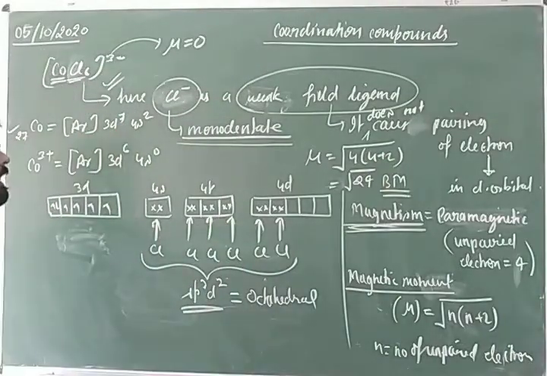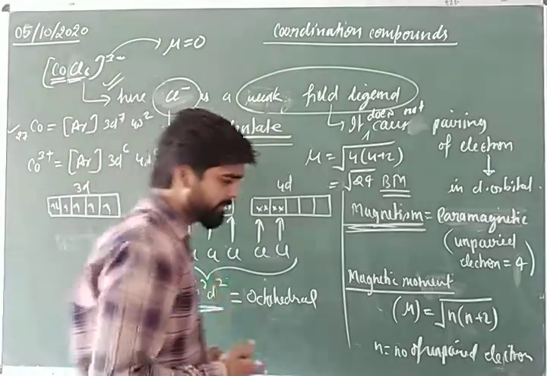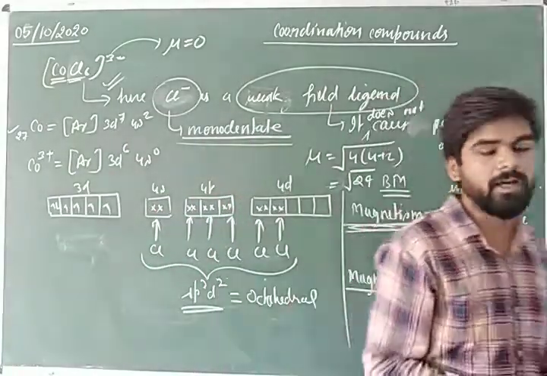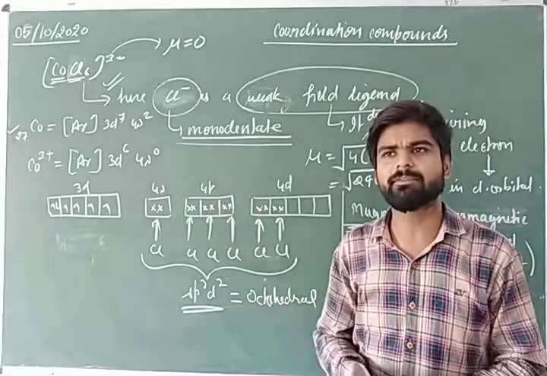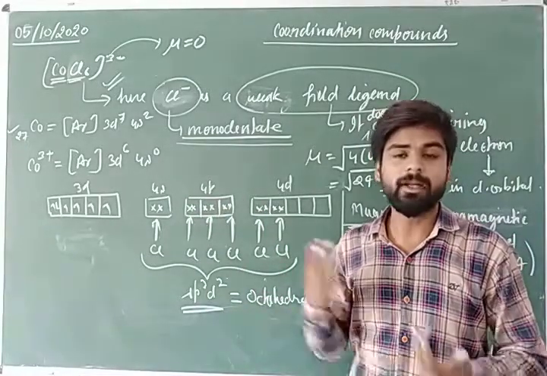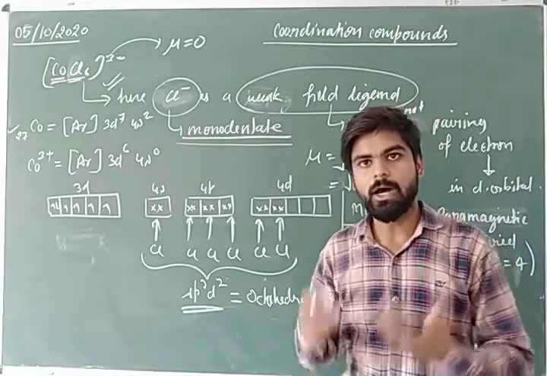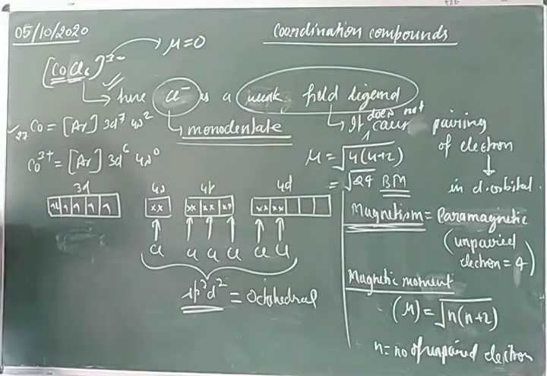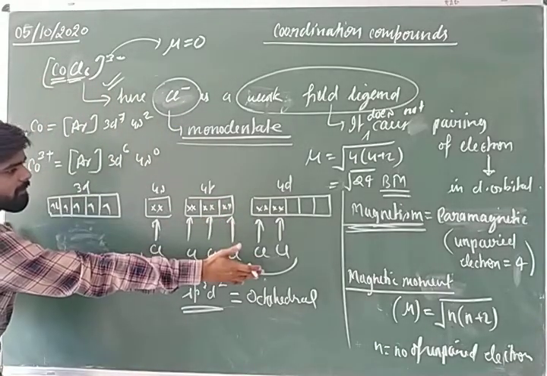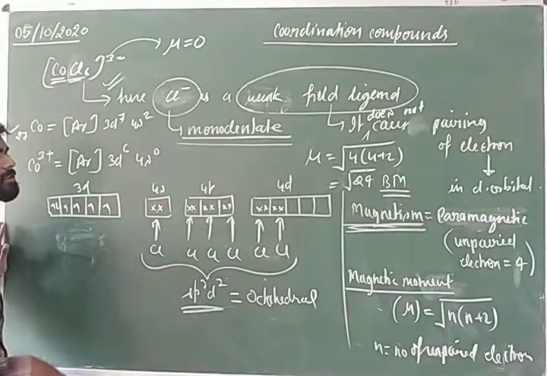And you can find out all kinds of complexes like this. I have already given you a number of complexes. How can we find out these things: magnetism, magnetic moment, geometry, hybridization for those complexes.